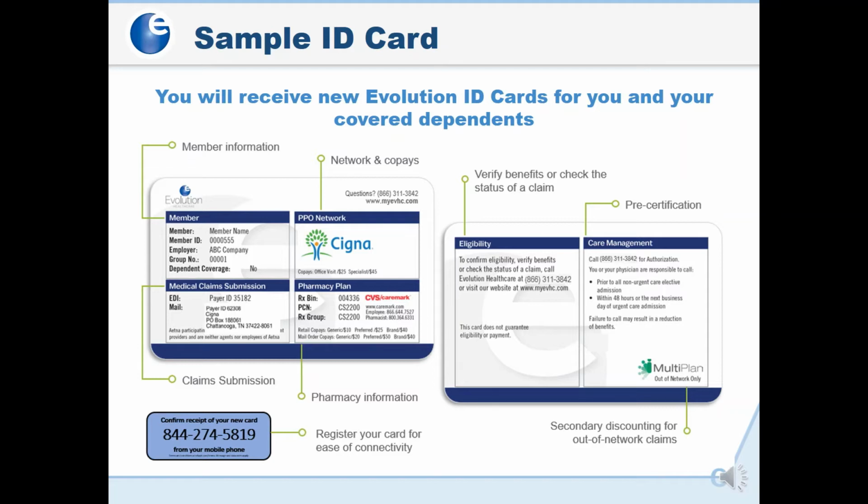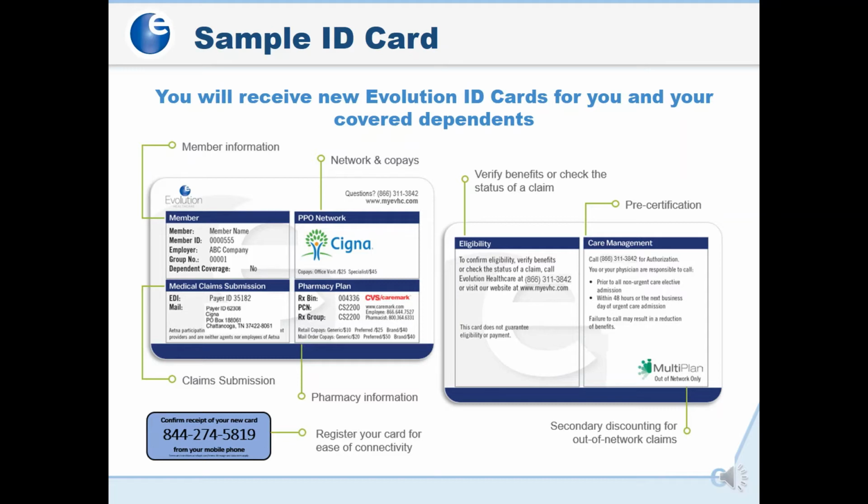On the back side of the card, it will list where providers need to call or log in to verify your coverage, benefits, and eligibility. All verification of coverage, benefits, and eligibility must be obtained through Evolution Healthcare and not through Cigna, as Cigna is only the network to find participating providers.